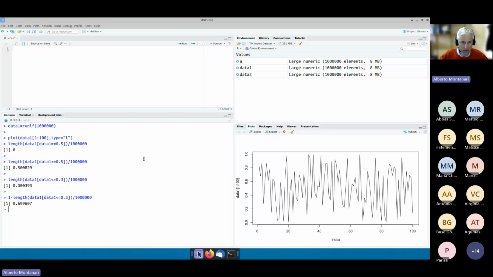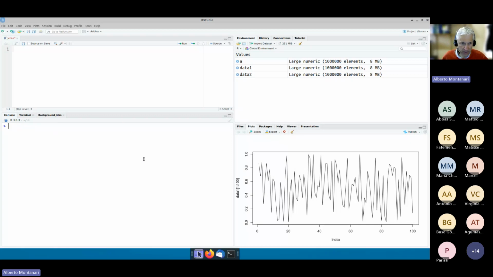Let me clear the console here and let me paste it. I made the paste with Control V, with the keyboard, because for some reason it didn't allow me to paste with the mouse. I don't understand why, but it's not important.